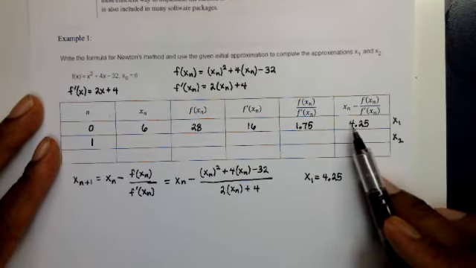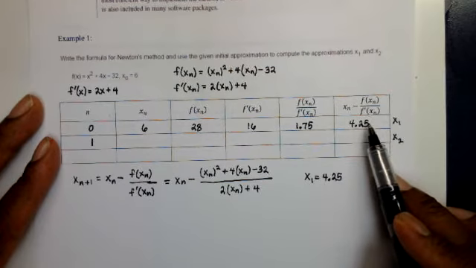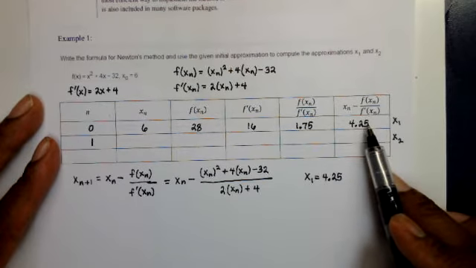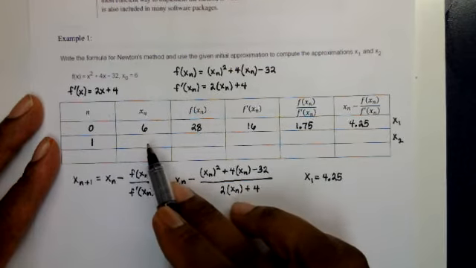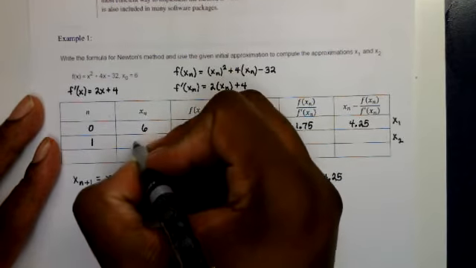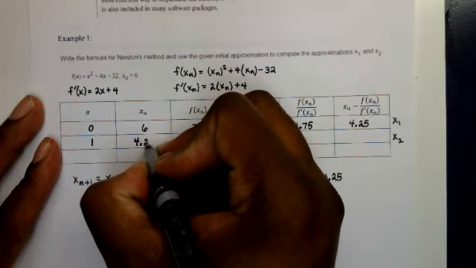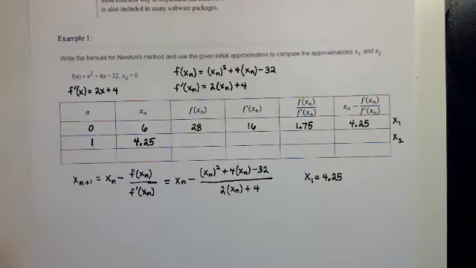But this 4.25 that I have here, that's going to become the new approximation. So this 4.25 would go right here as x sub n. That would be the new approximation. So 4.25 goes there.